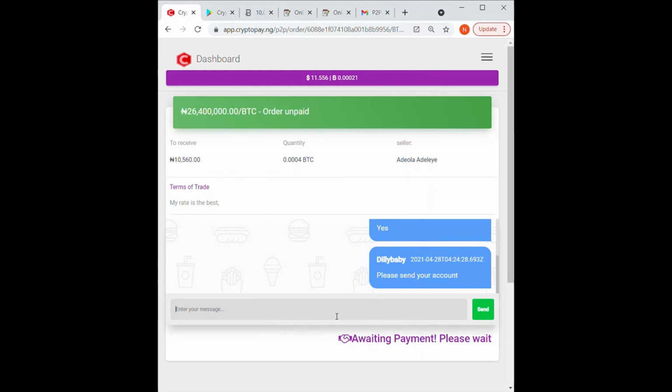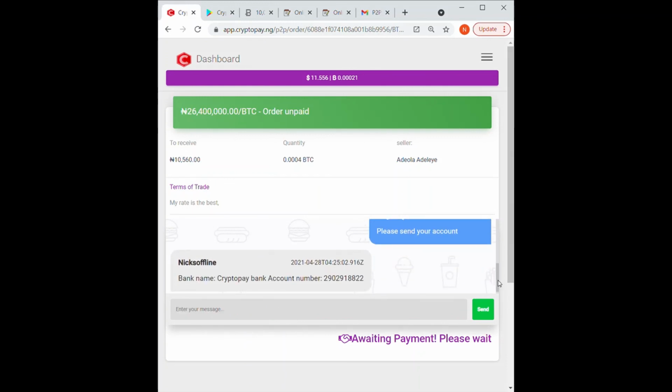So let's say bank name, cryptopay bank is an example. Account number. Okay. So you send the user your account. So what we're just waiting for is payment from the user.